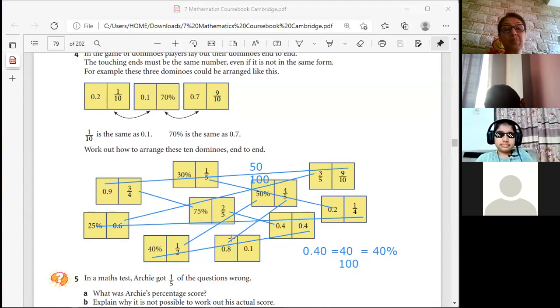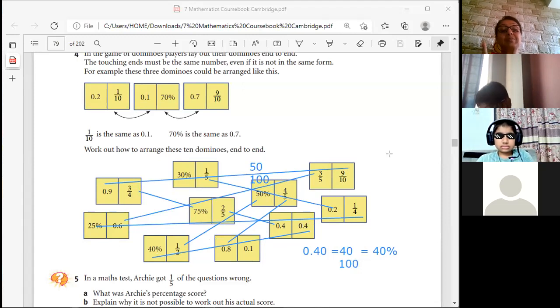Ma'am, I think you went wrong. First is 3 upon 4 to 75, 2 upon 5 to 0.4, 0.4 to 40, 40 to 1 upon 2, then 1 upon 2 to 50%, then 50% to 4 upon 5 equals 0.8, then 0.1 we haven't done.